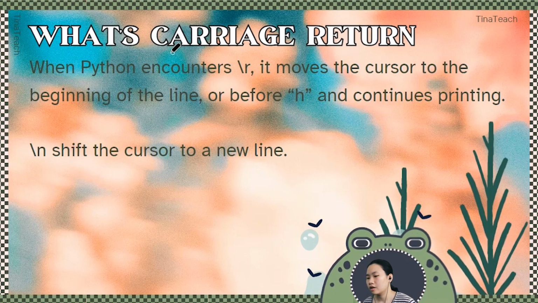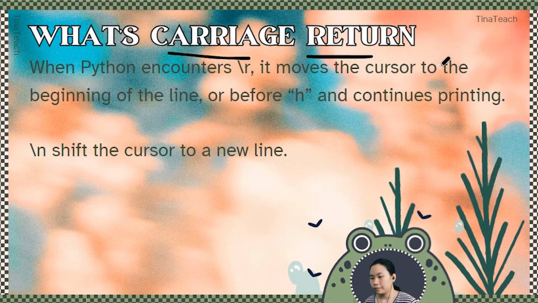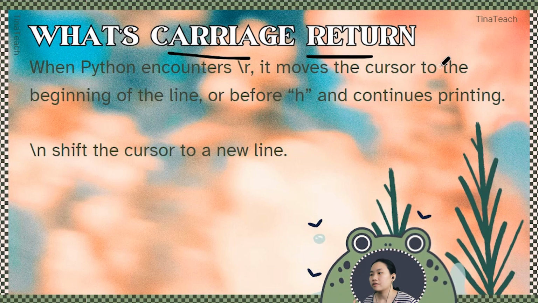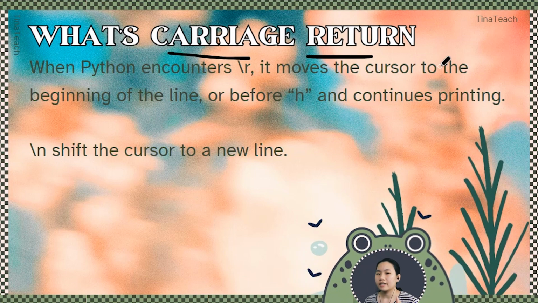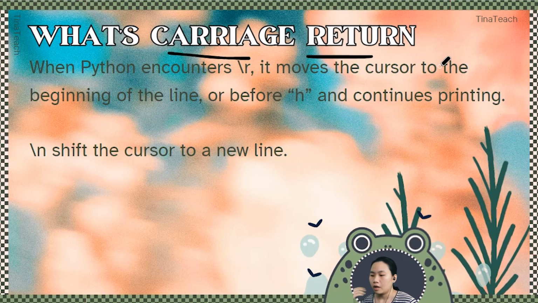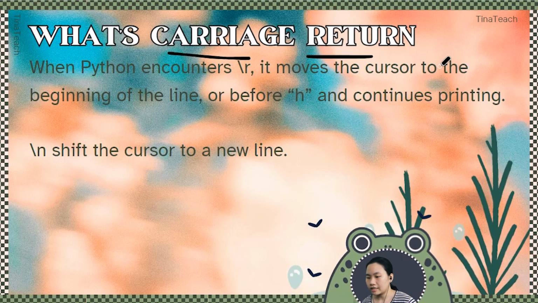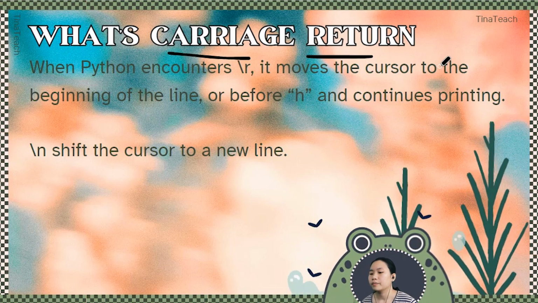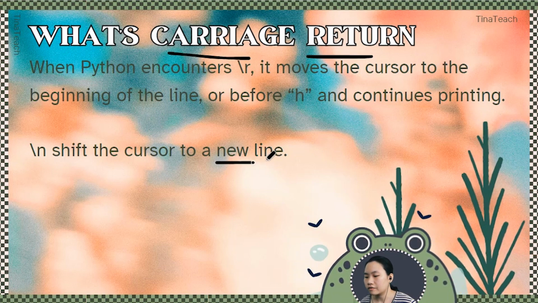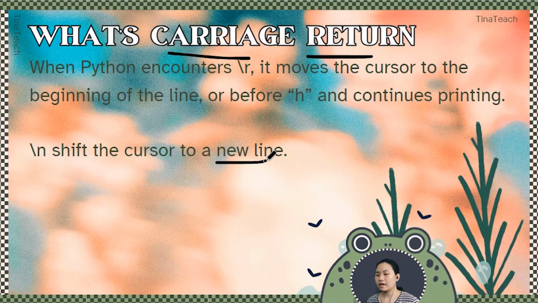First, let's figure out what a carriage return is. A carriage return acts very similar to a new line. It basically makes a new line, but the point of difference is where the cursor lies after Python prints our value. With a new line, it shifts the cursor to the new line.